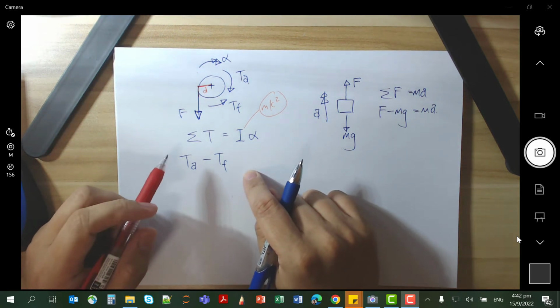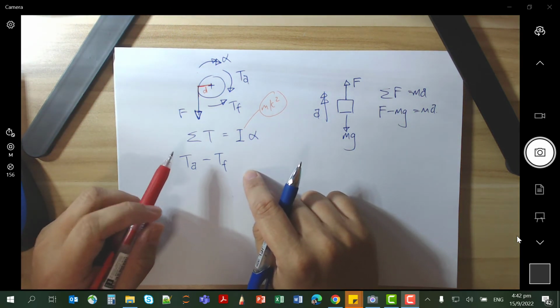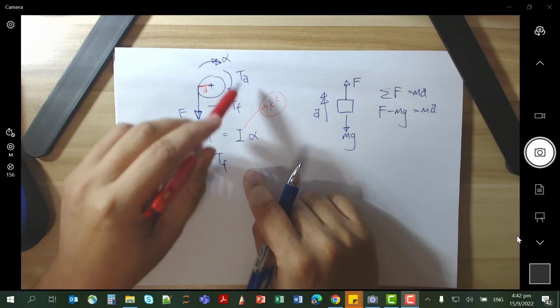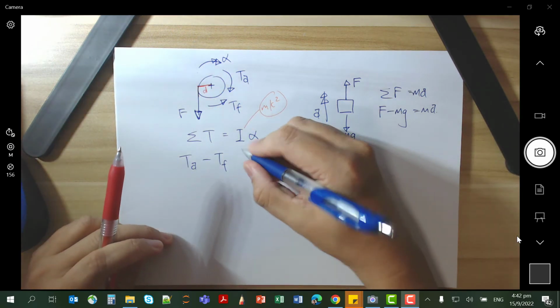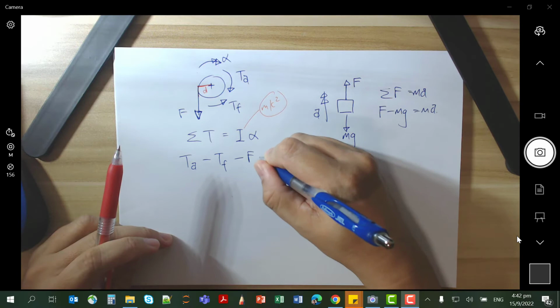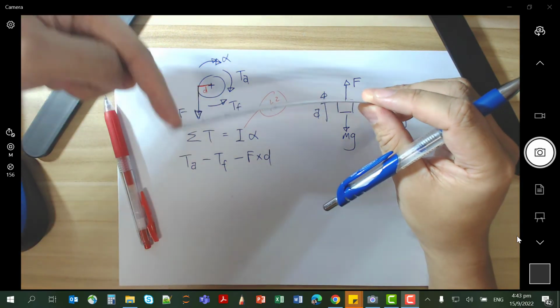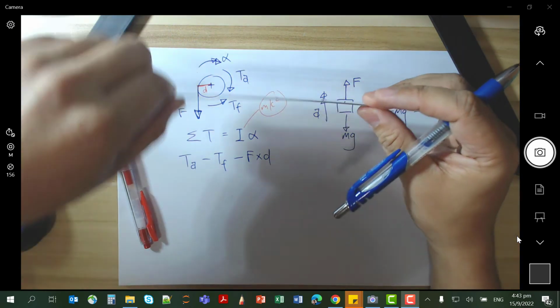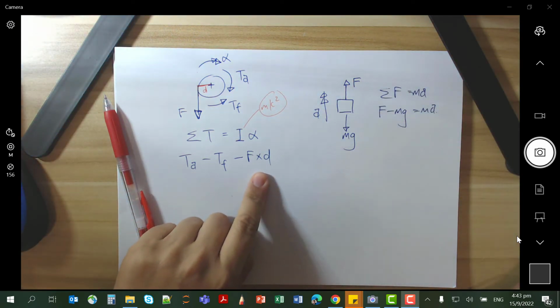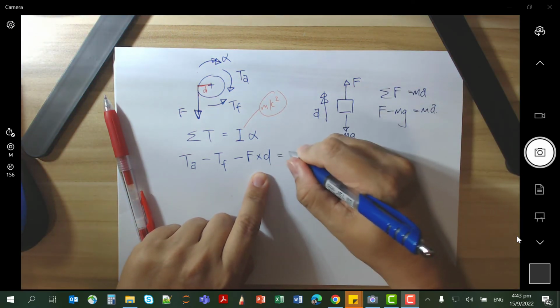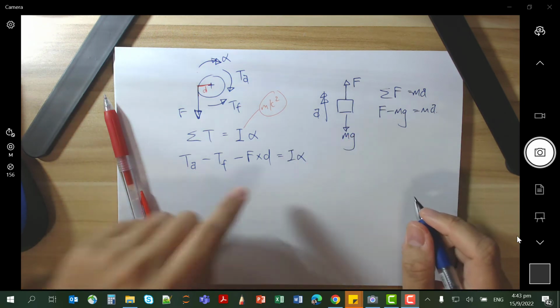But is it clockwise or anti-clockwise? It is anti-clockwise, so it is also negative, minus F times d. Imagine the tension, it is causing an anti-clockwise moment, so equals to I alpha.